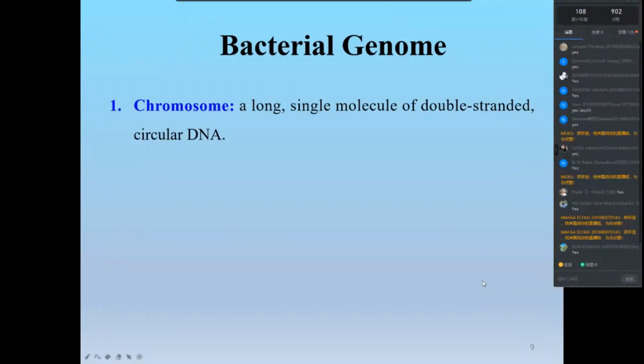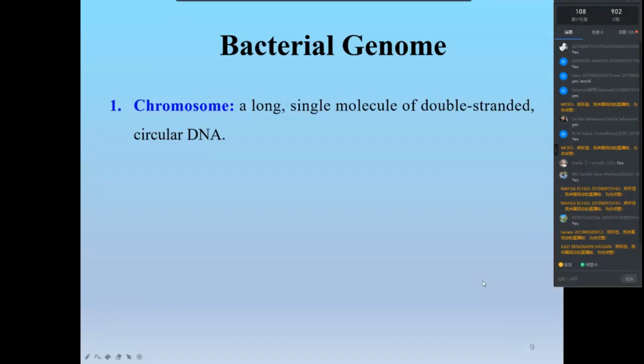Okay, so let's continue our lecture. The first thing we are learning here is the bacterial genome, and we'll learn the components of the bacterial genome. First of all, it contains a bacterial chromosome. A chromosome is a long single molecule of double-stranded circular DNA.